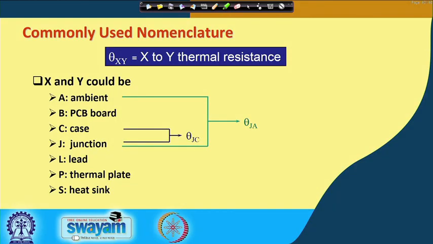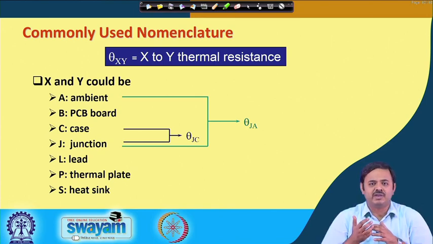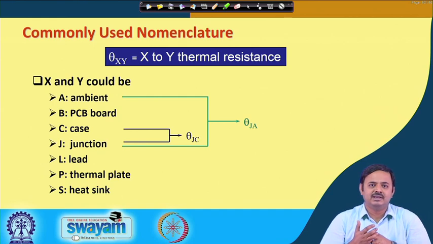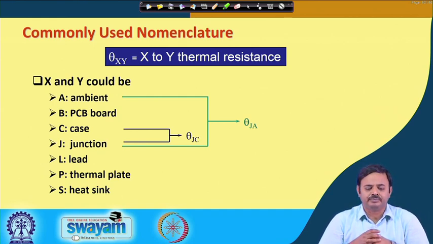And x and y can assume different values. So, x or y can be ambient, can be board, can be case. We are going to look at what case is, junction, lead, thermal plate, heat sink. So, several of those. Okay.